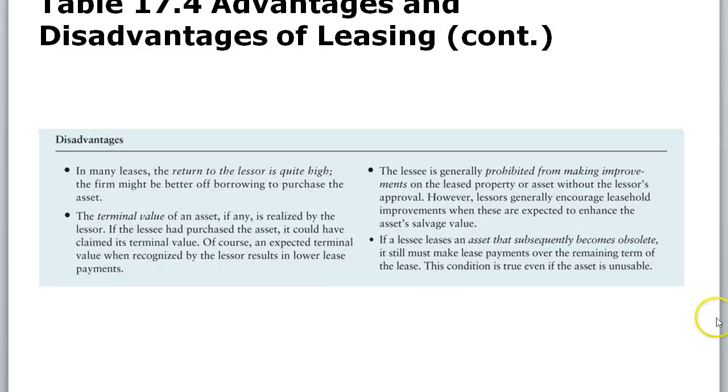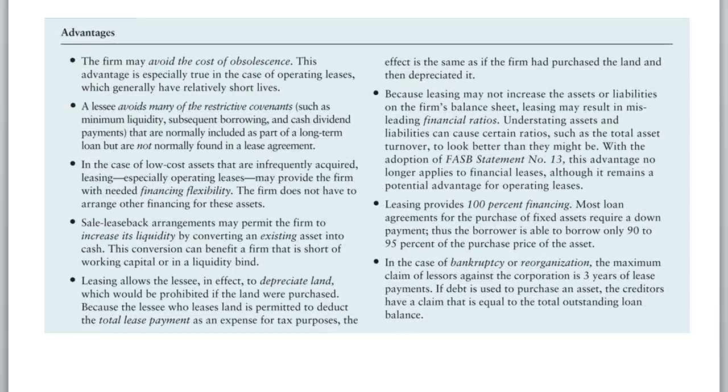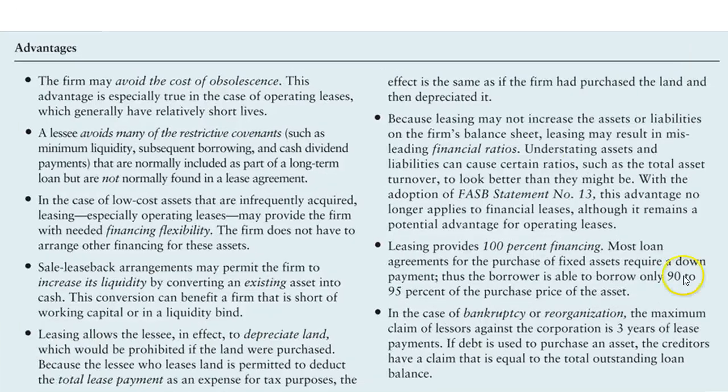So that could be a benefit if you don't want your financial ratios, your debt ratios, and your assets to liability ratios to deteriorate. Operating leases can hide some of the effects of what you would normally see if you had to borrow that money. But this advantage only applies to operating leases, because financial leases are documented in the balance sheet.